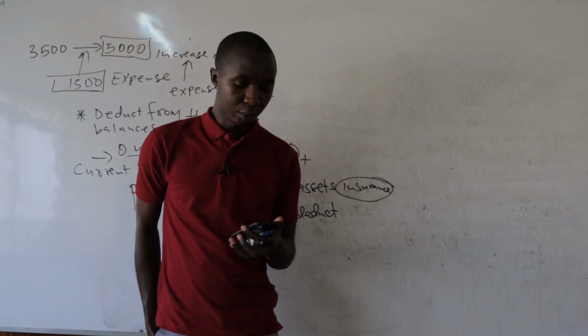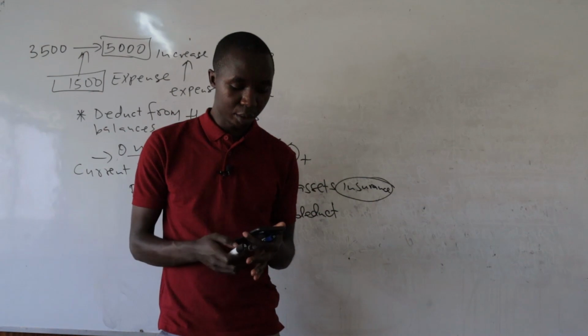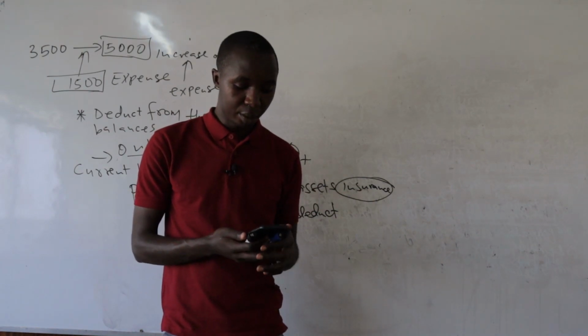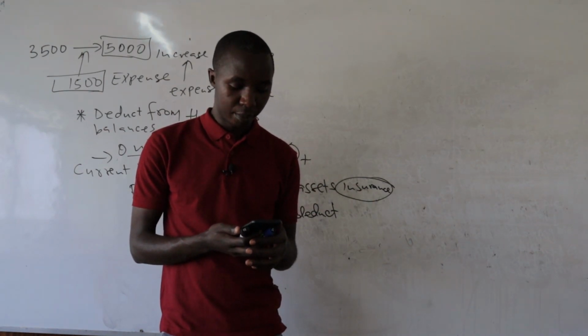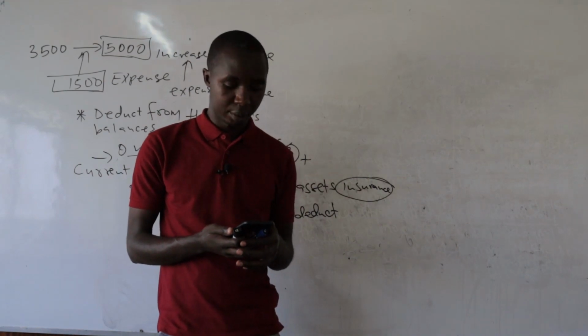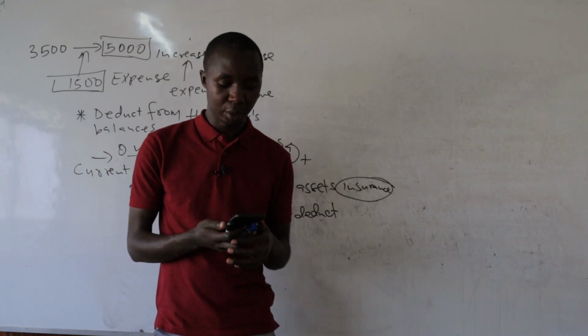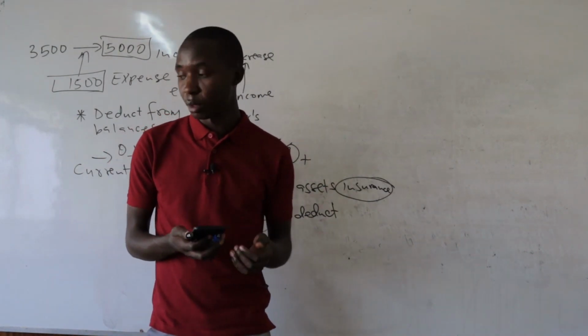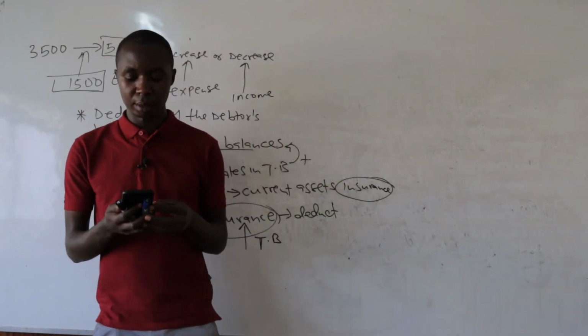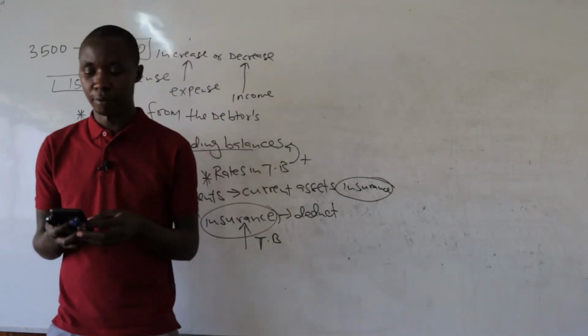So the first thing which you are required to do here is to prepare an income statement and the statement of financial position. So let us start from the income statement, then we do the statement of financial position for the choice mirror.